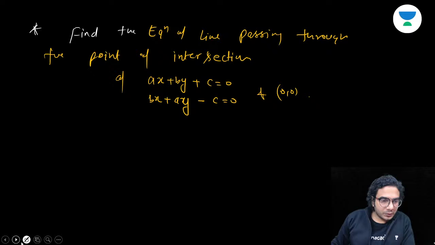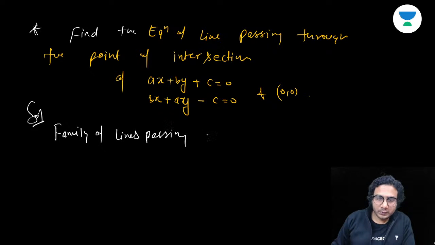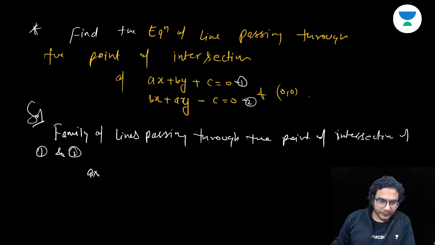So what will I write? I'll write the family of lines passing through the point of intersection of line number 1 and line number 2, given by ax plus by plus c plus lambda times bx plus ay minus c is equal to 0.